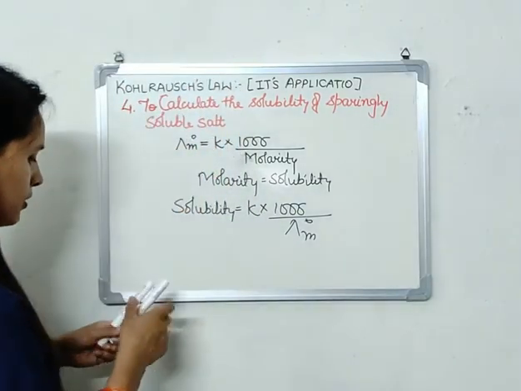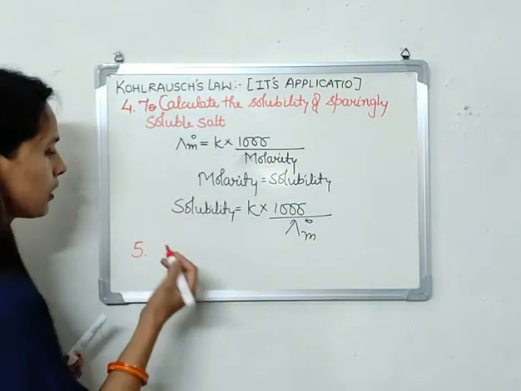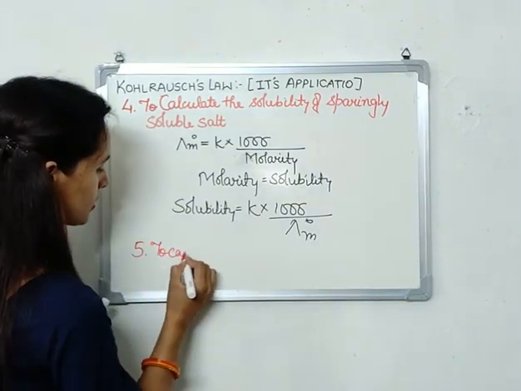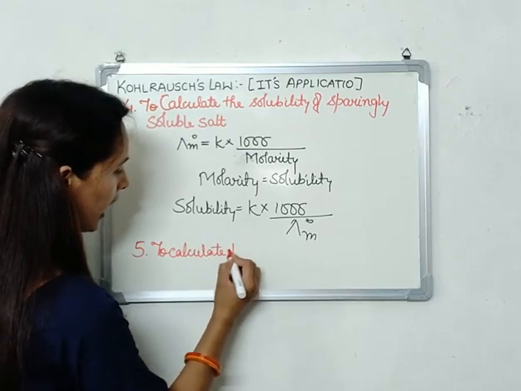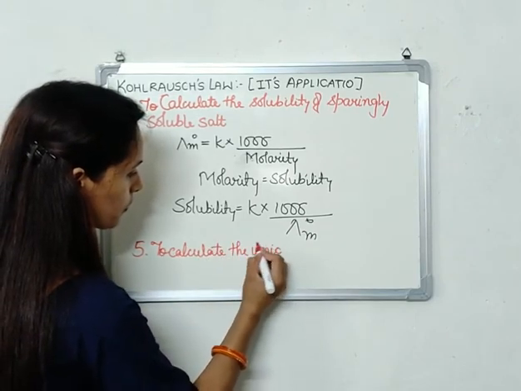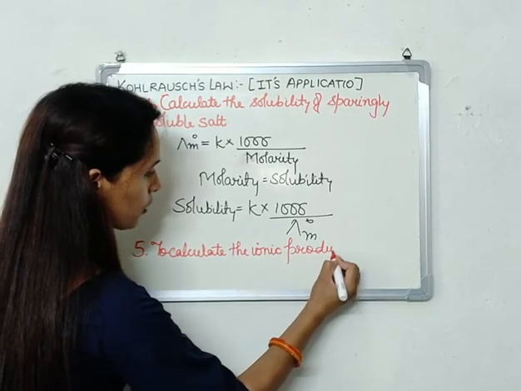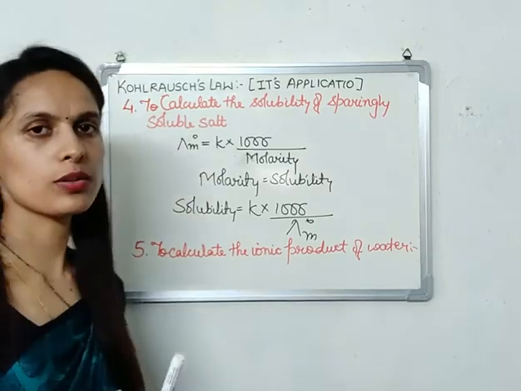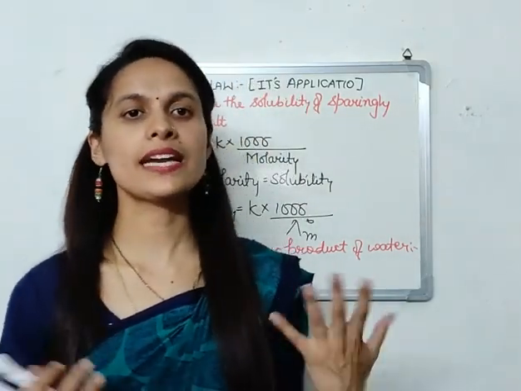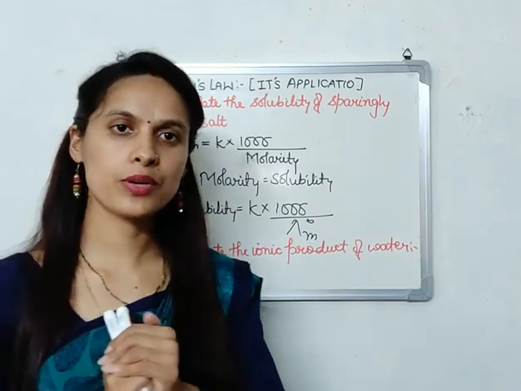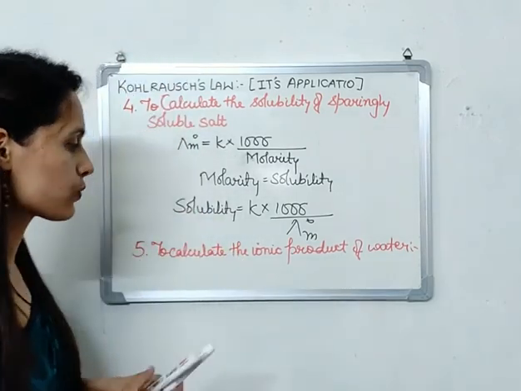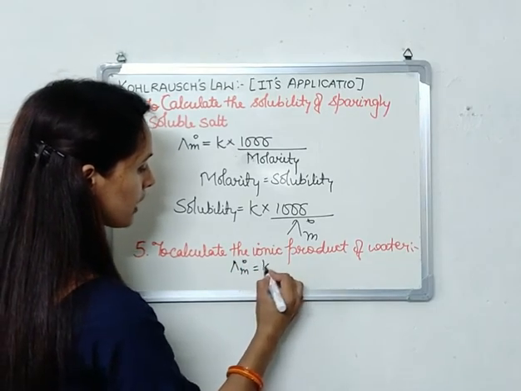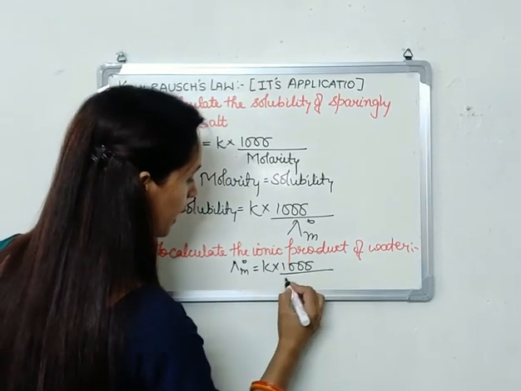And the fifth application is to calculate the ionic product of water. We know that the ionic product of water is 10 to the power minus 14. So how do we get it? With the help of the formula lambda m naught equals K into 1000 divided by molarity.